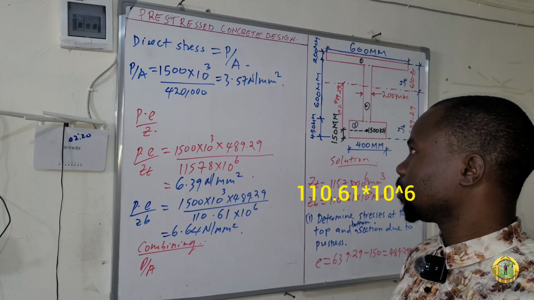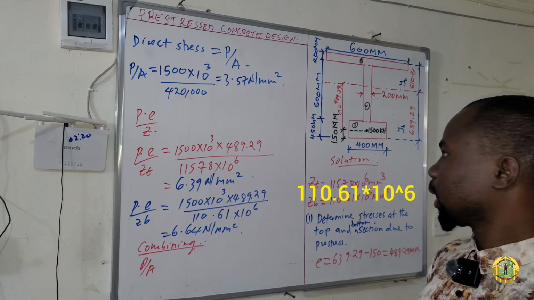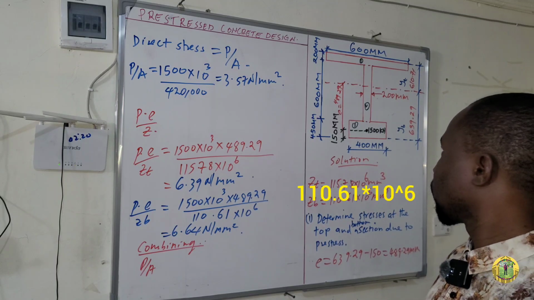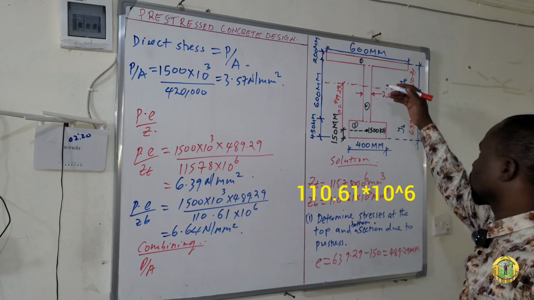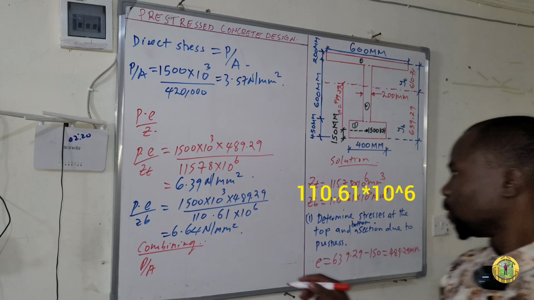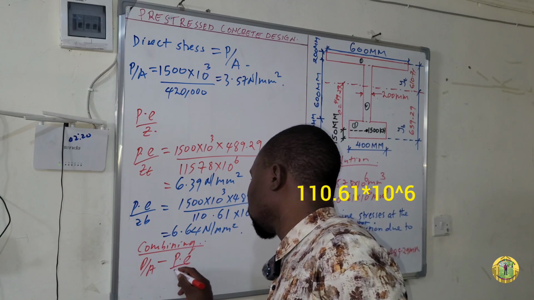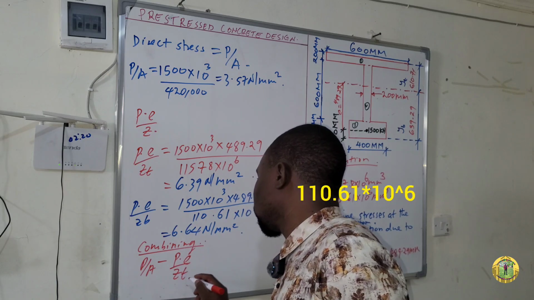It will be the same for the top and bottom. The top fiber of this section will be in compression, so minus PE over Z top.